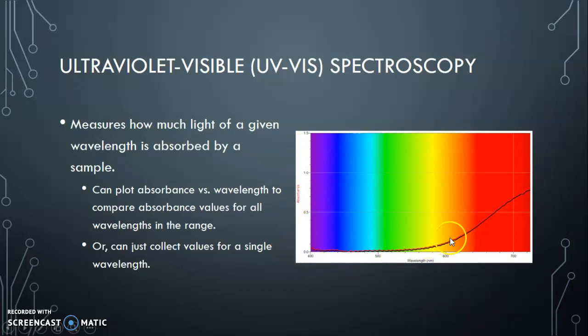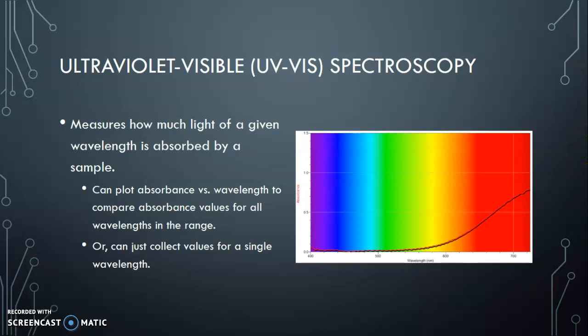So the higher this line goes, the more photons of that color are being absorbed. So you can see that we have a pretty low absorbance in the blue and purple, and it increases as we move up towards red. So you can collect data like this, and this can help you identify a substance if you don't know what it is, by where the peak lies, and the shape of it as well.